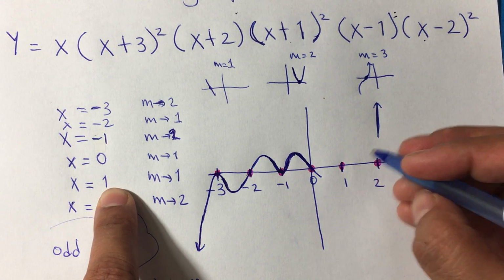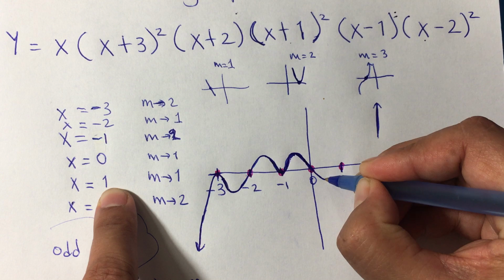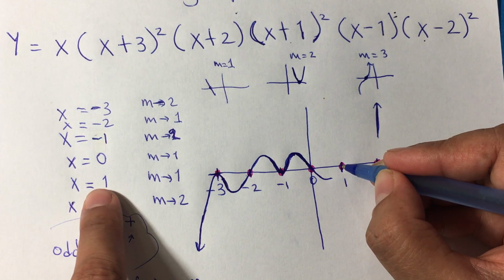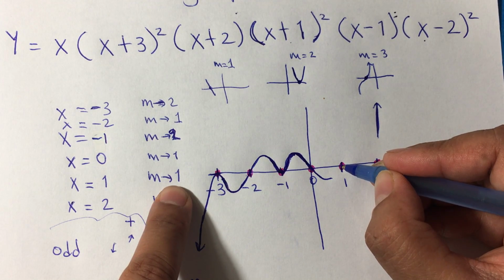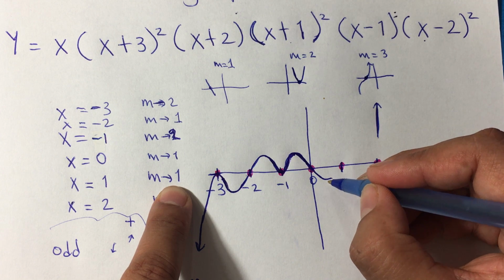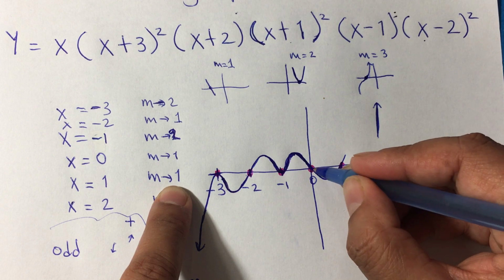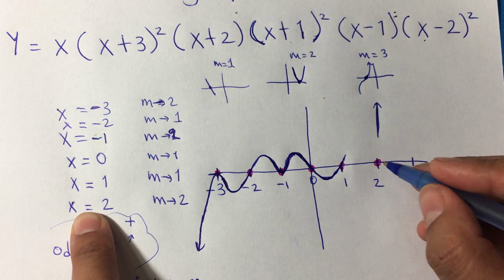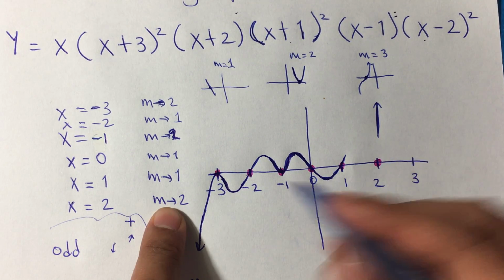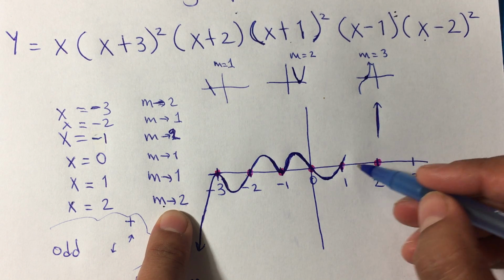Then it goes through 1, same thing. It turns and goes through x equals 1, but it's multiplicity 1, so it just goes through without creating any kind of curving.